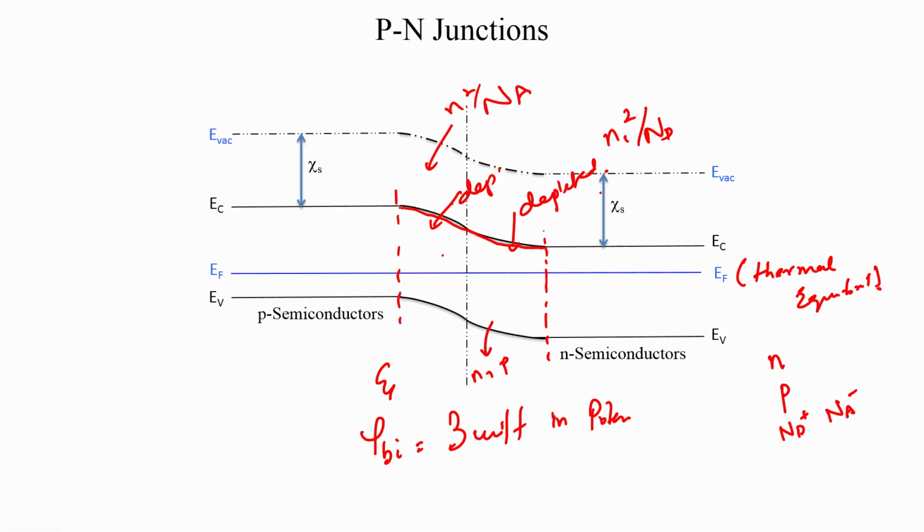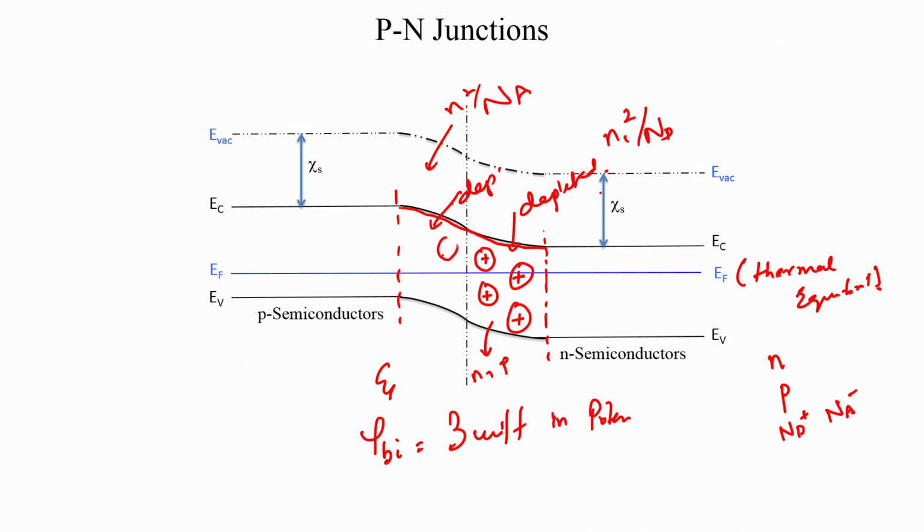So if it's depleted, what is the charge concentration? On the n side, you have all the positively charged fixed donor ions. These had donated electrons to the n type material, and those electrons have all diffused onto the p side, and therefore these are fixed donor ions.